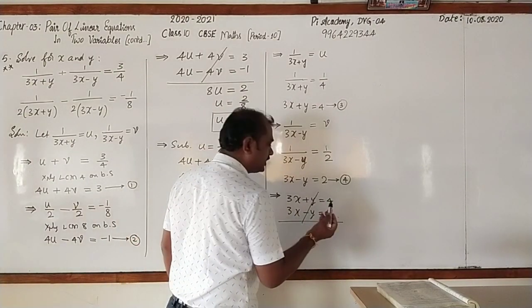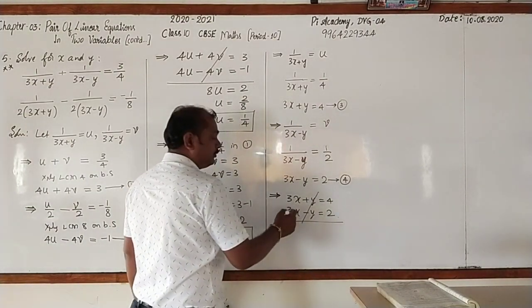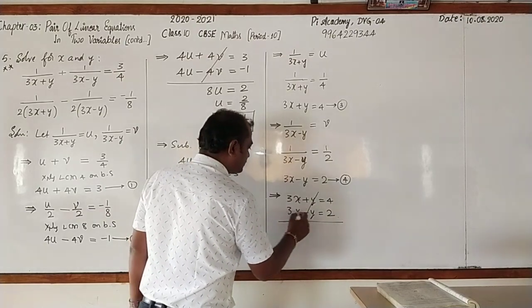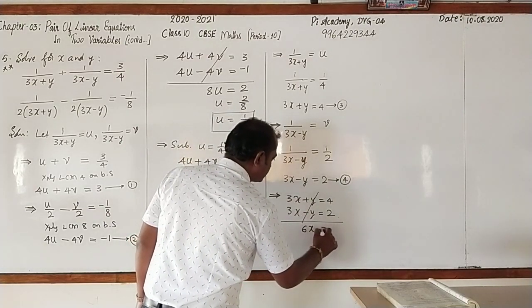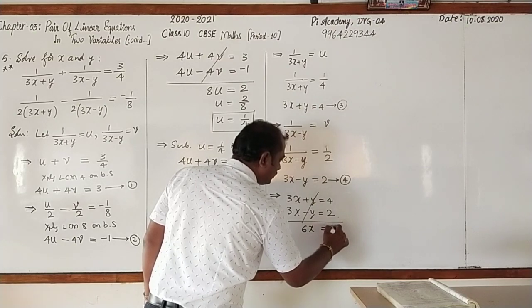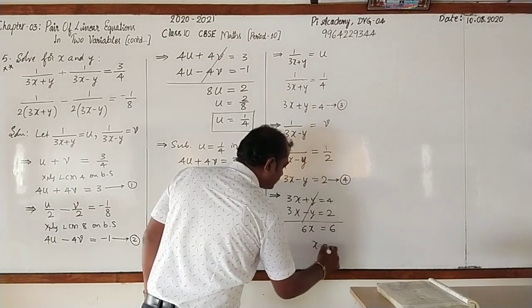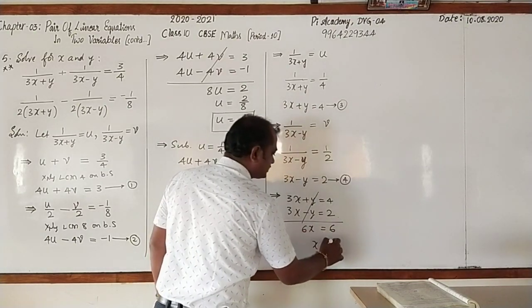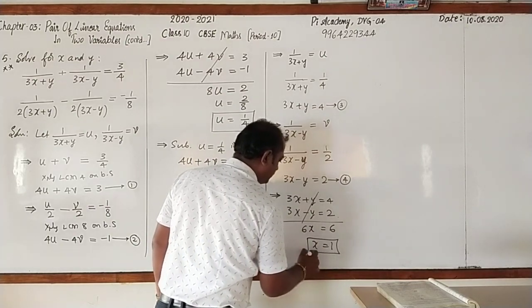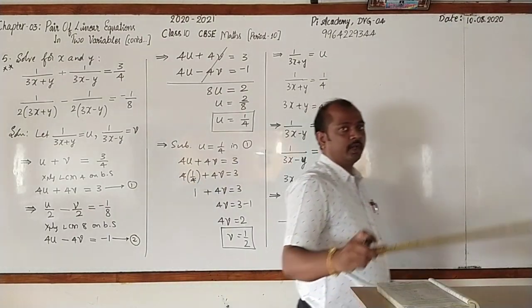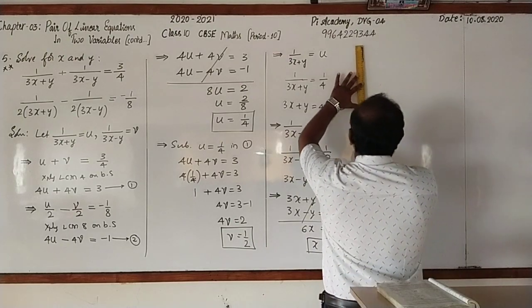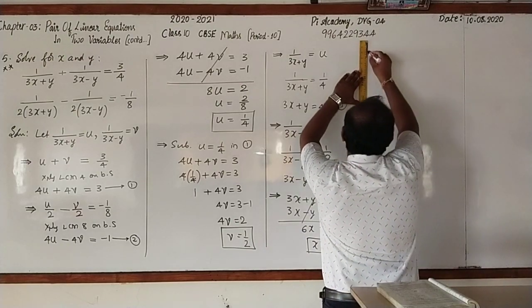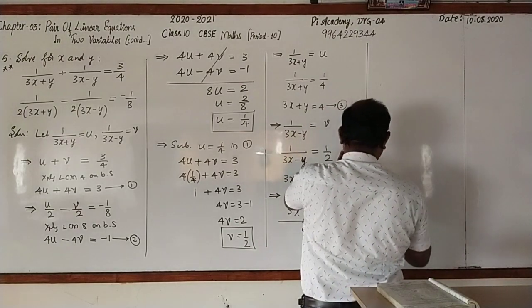Hence, you can go for cancelling them. Then, without changing the sign, 3x plus 3x is 6x equal to 4 plus 2, which is 6. What is the value of x? 6 by 6 is 1. x equal to 1.